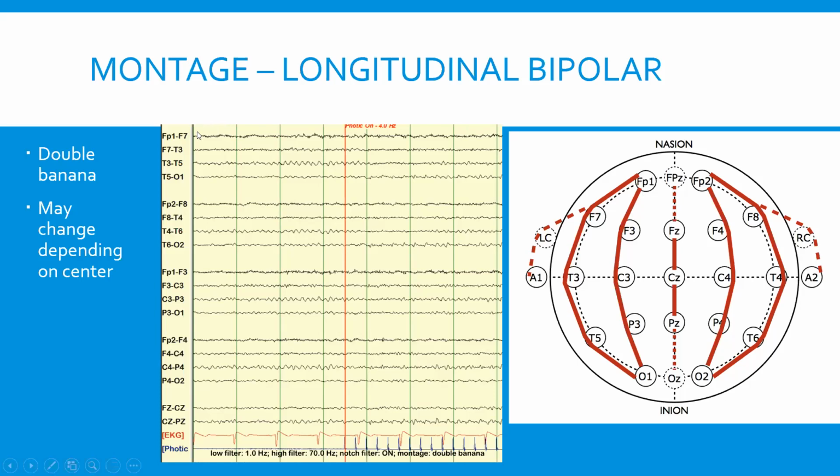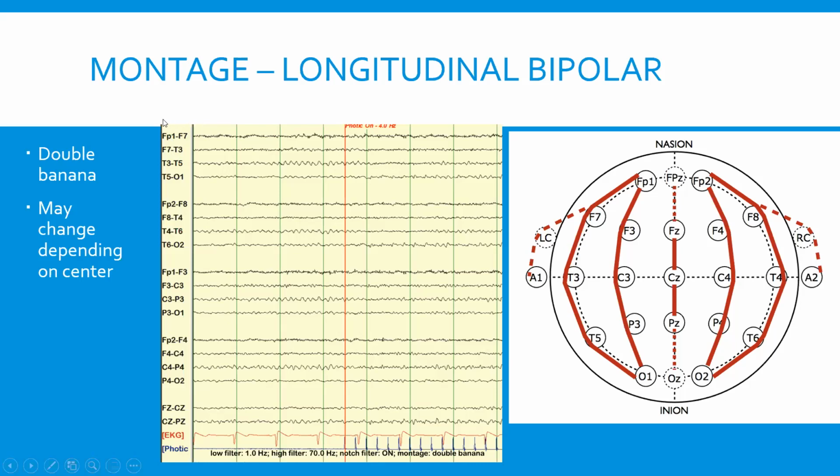So for example, looking at this EEG, the first line is FP1 and F7. That's here, FP1, F7, right? So that's comparing these two electrodes, and this is the signal that's outputted onto the EEG page. Then this is F7, T3.